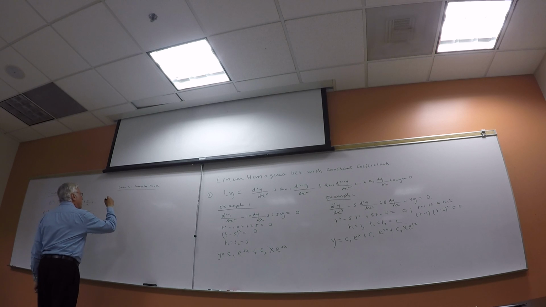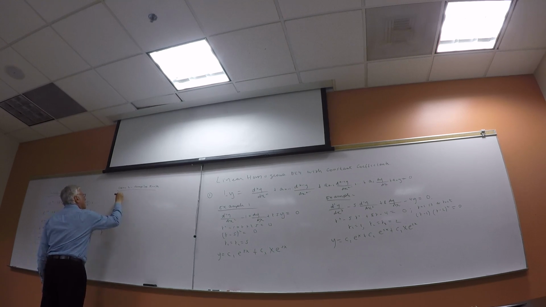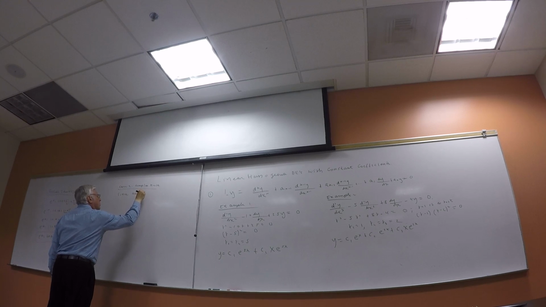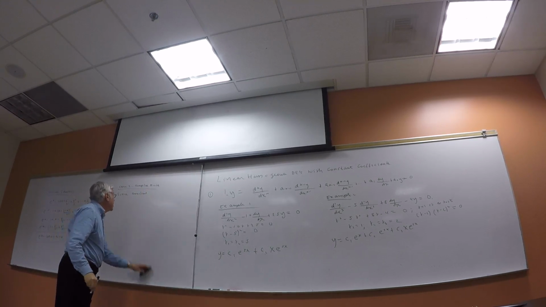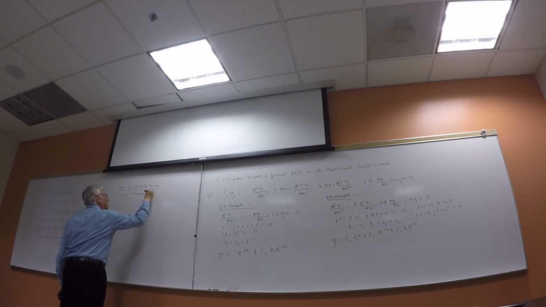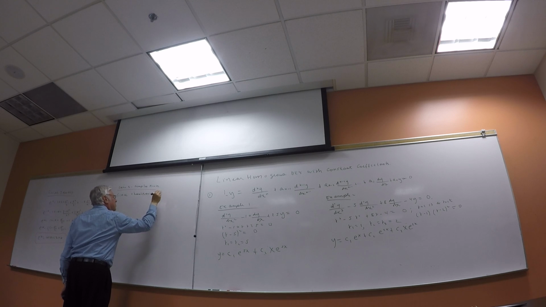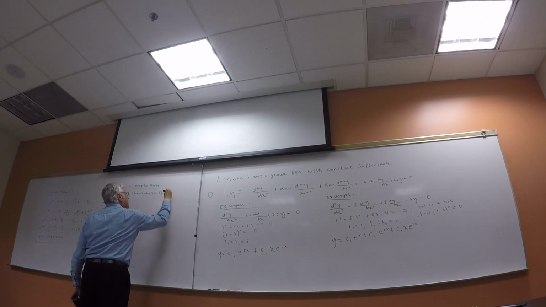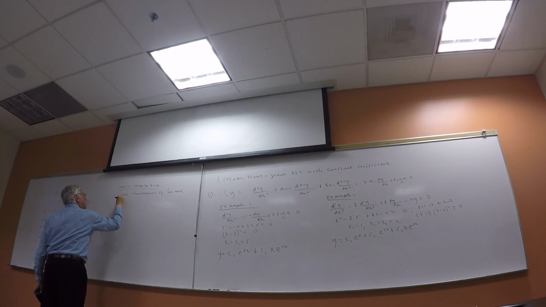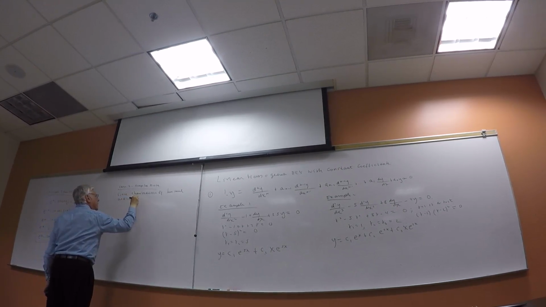So I should say over here, since the auxiliary equation, I only say characteristic because I can't spell auxiliary correctly. Since characteristic equation has real coefficients, complex roots will occur in conjugate pairs.